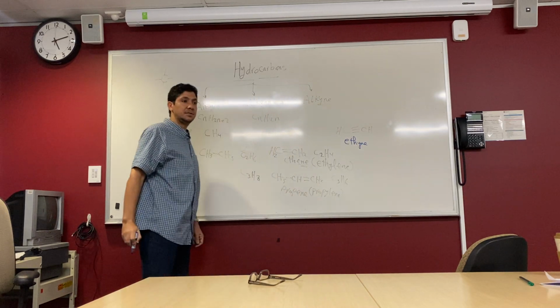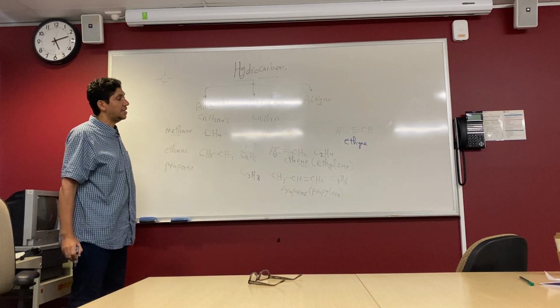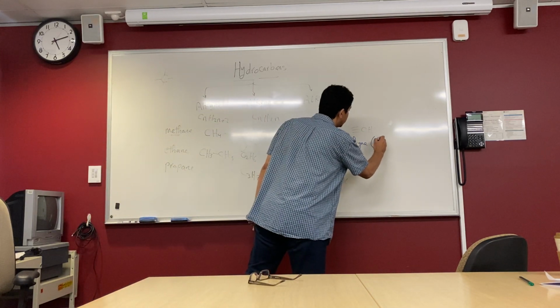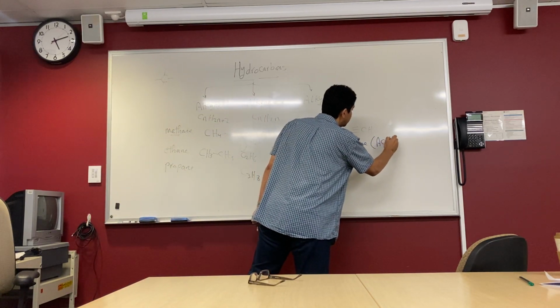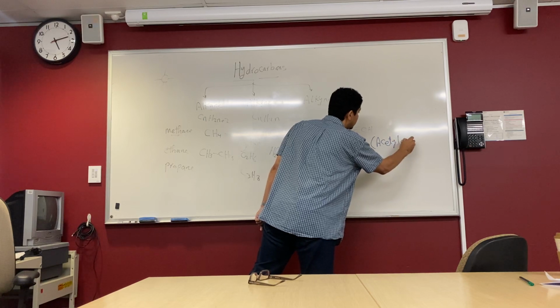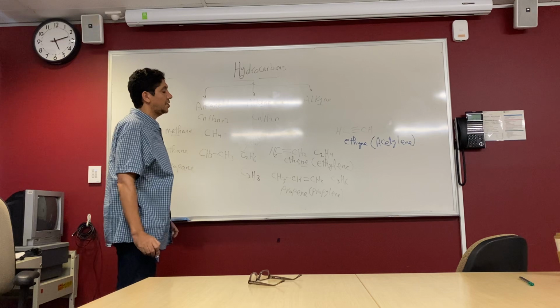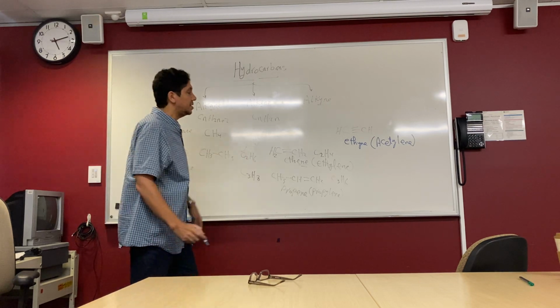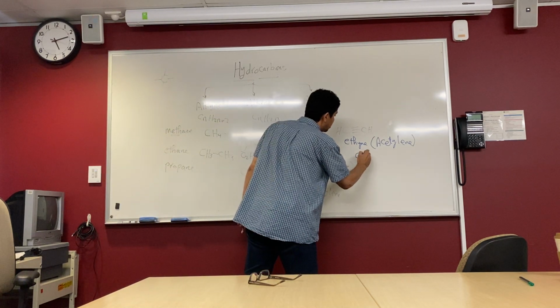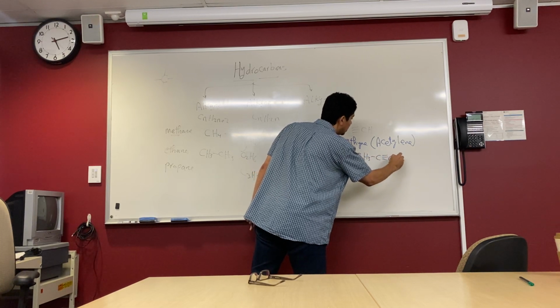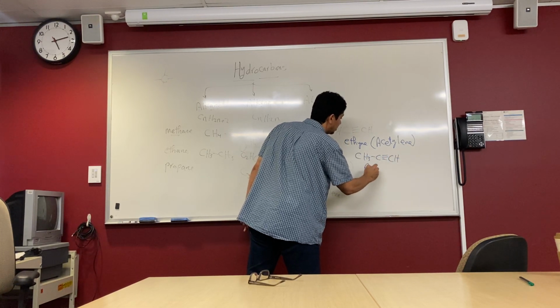It has a triple bond, but the common name is acetylene, and this is a gas, acetylene gas. The next member is CH3, C triple bond CH, and this is called propyne.